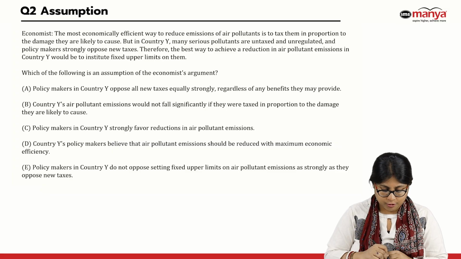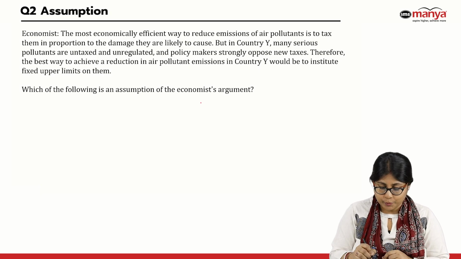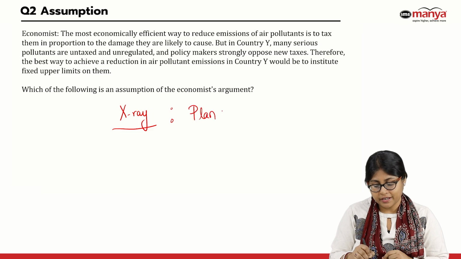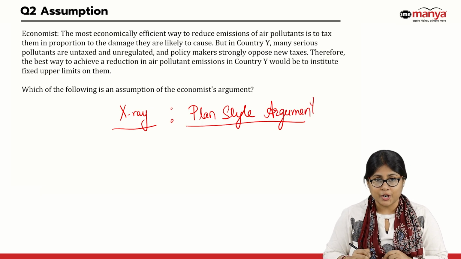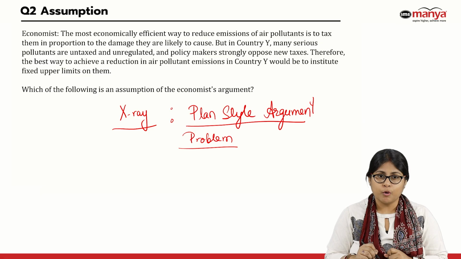Now, if you notice closely, once we did the X-ray, we realized that this argument is a typical example of a plan style of argument. Usually a plan style of argument talks about a problem. In our case, the problem is the emission of air pollutants.